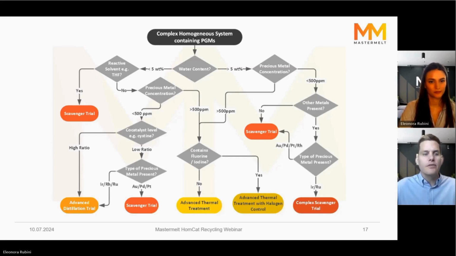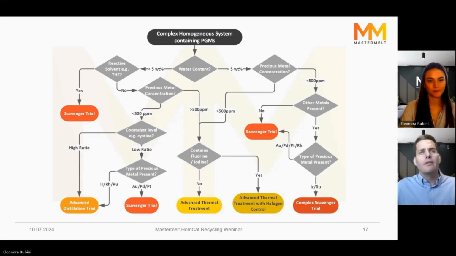So we really do fully understand the material and the matrix of the material and what's in there and the levels of each type of material. And we're talking here about doing some trials, but these can be low quantities, a few kilos, up to hundreds of kilos. And then on production, we can do anything between tens of kilos to hundreds of tons.